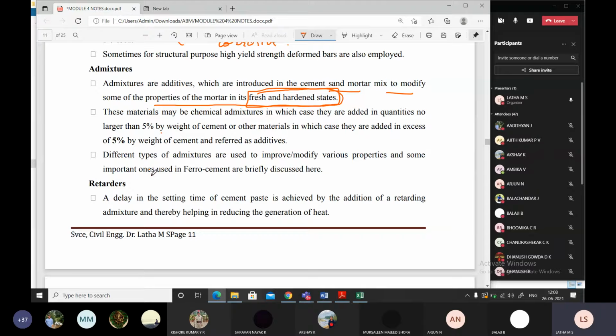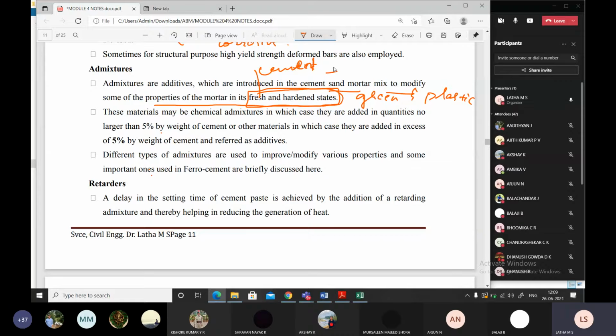You call fresh the green stage, and hardened the plastic stage. Fresh or green mortar is nothing but when you just merely mix the cement with fine aggregate, correct?